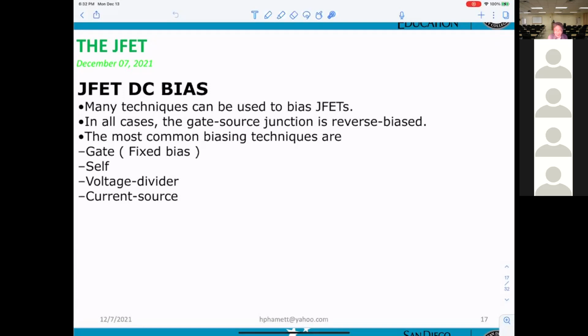In a bipolar, IC equals beta times IB. If you change IB, then you change the current IC. So basically it depends on the current. So bipolar is a current controlled device. However, on the JFET, you're changing VGS, and that changes the current ID. That's why the JFET is a voltage controlled device.